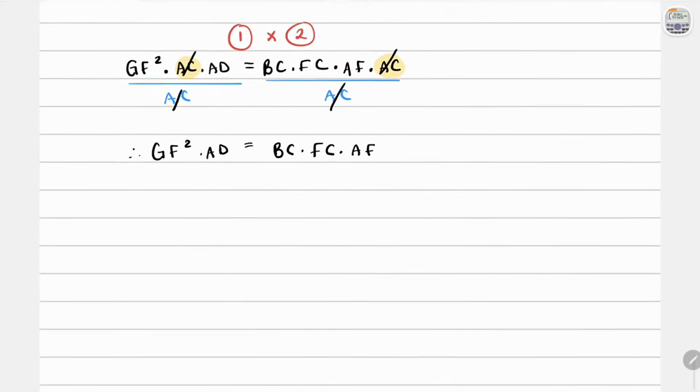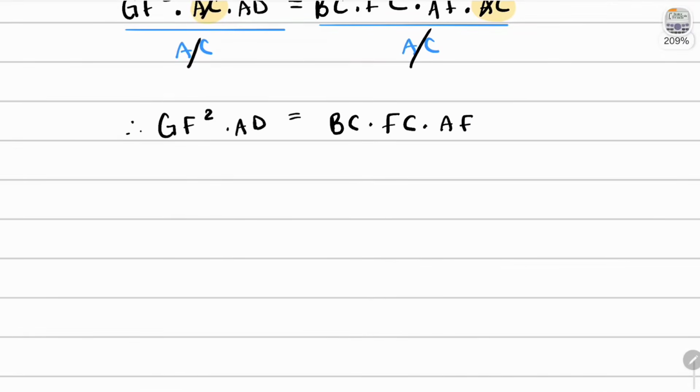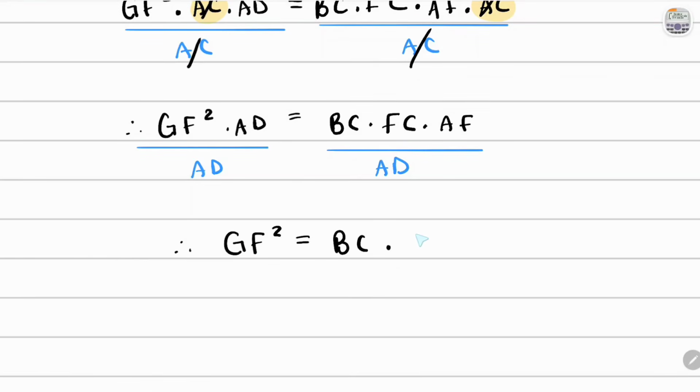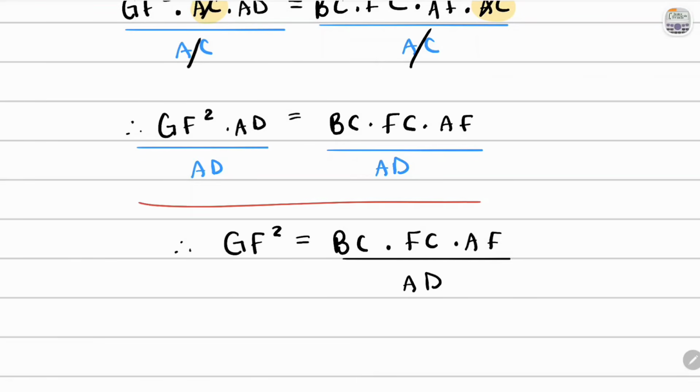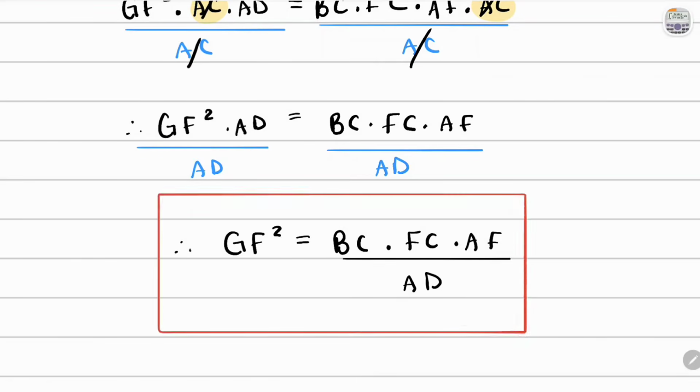So to put it there, you divide both sides by AD, because what you do on one side, you must do on the other side. Therefore, finally, GF squared is equal to BC multiplied by FC times AF, all over AD. And we have proven exactly what they want us to prove.